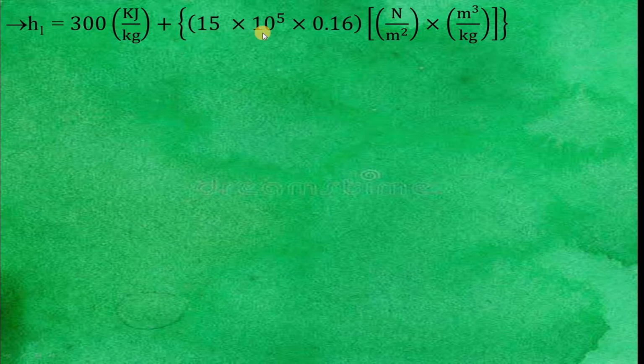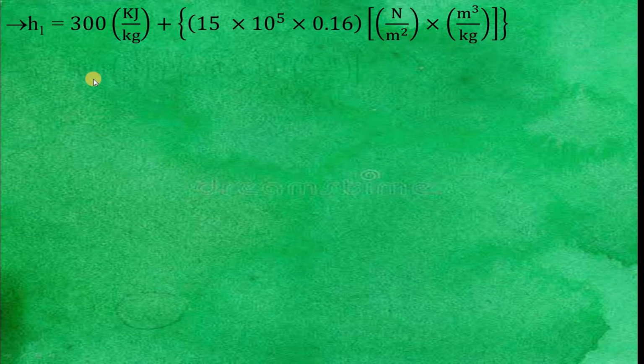Here 15 into 10 power 5 into 0.16 is 240 into 10 power 3 and Newton per meter square into meter cube per kg is Newton meter per kg, because when we divide this meter cube and meter square, the term that will remain in the numerator will be meter. So therefore Newton per meter square into meter cube per kg is Newton meter per kg.